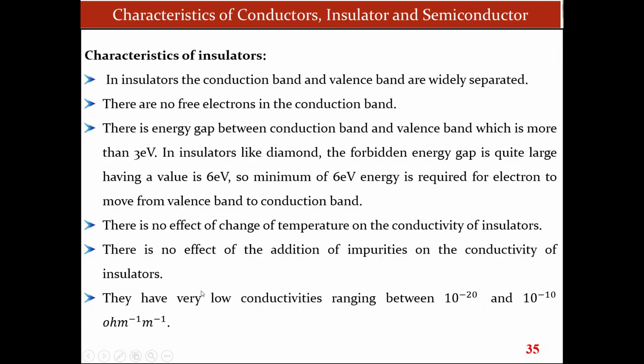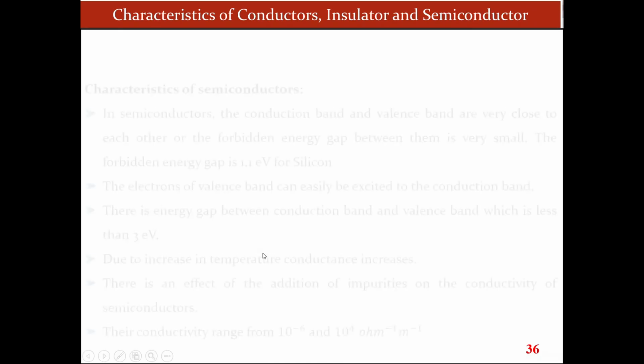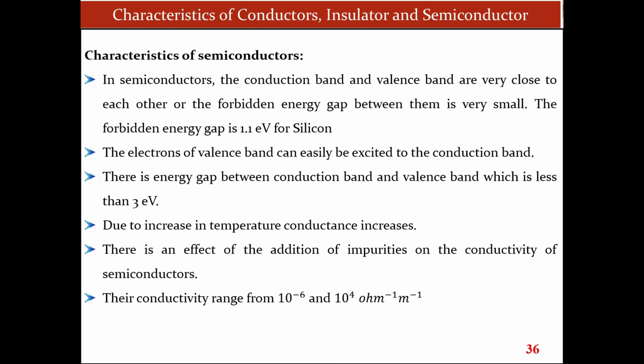Okay, now let's go to the next slide, which is about characteristics of the semiconductor. In semiconductor, the conduction band and valency band are very close to each other, which is much better than that of insulator, or the forbidden energy gap between them is very small.